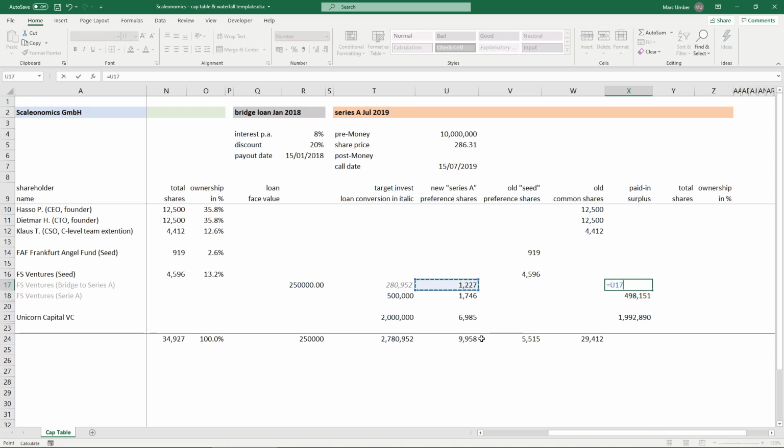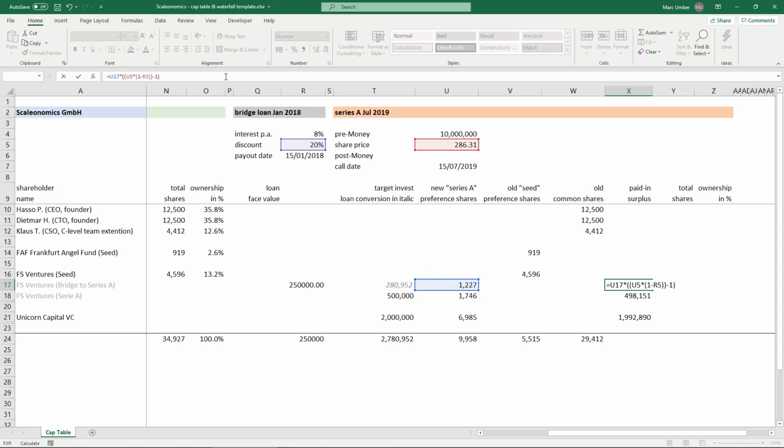1,227 shares times our preference share price. And the preference share price was 286 times 1 minus 20%. This is the discount share price. And we need to subtract 1 because Frankfurt School will have to pay the 1,227 euros in cash.